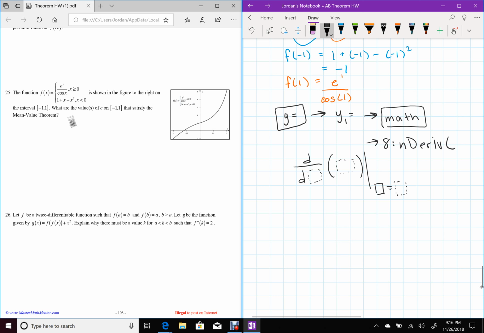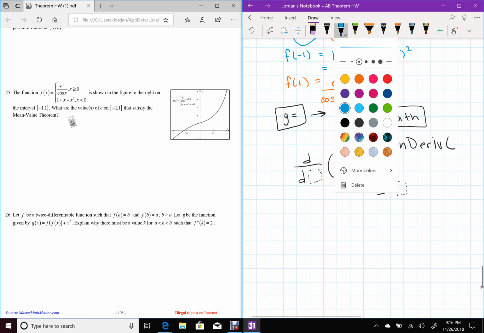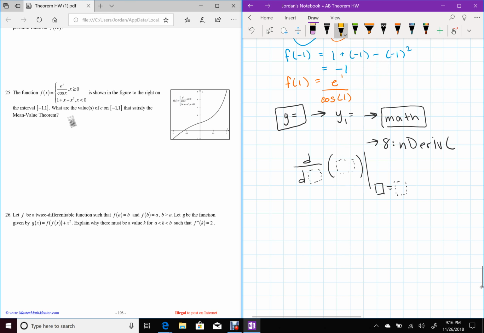Okay? What we're going to do is, no matter which one we're looking at, we're going to need to put them both in here. The way we're going to do it, though, is this will be x, this will auto-populate with x, and this will also be x.